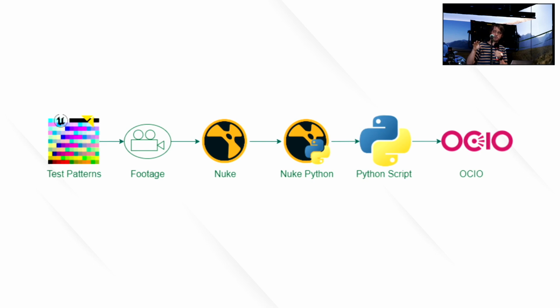But basically what we do is we subject a camera and a display to some test patterns. We get that footage off of the camera. That goes into Nuke, similar to a visual effects pipeline. We've written some custom Python that strips apart parts of the image and creates a LUT.